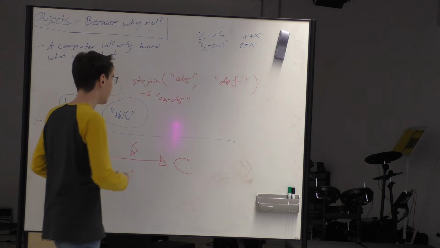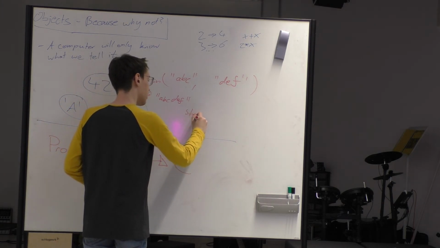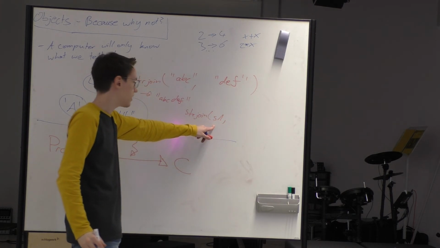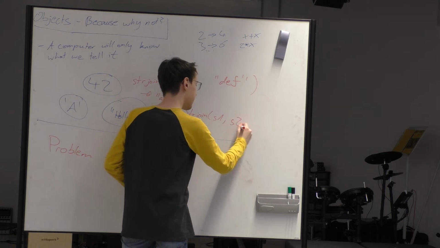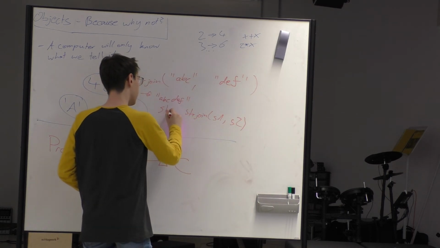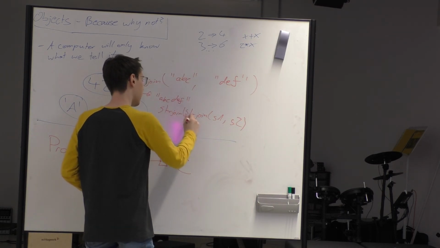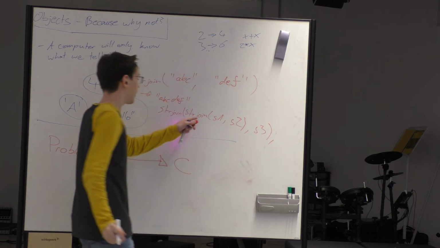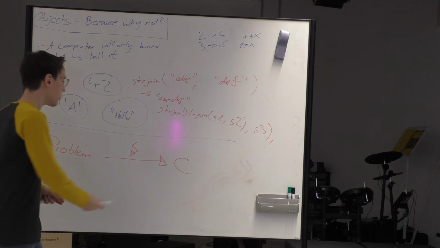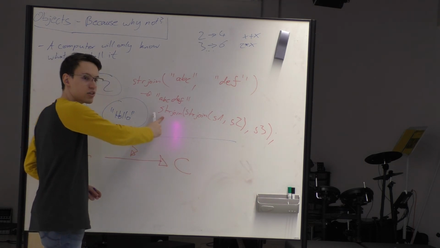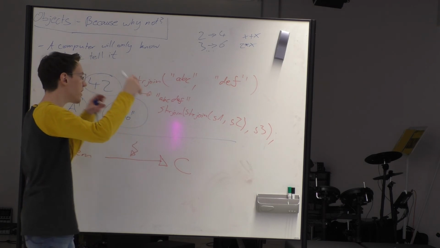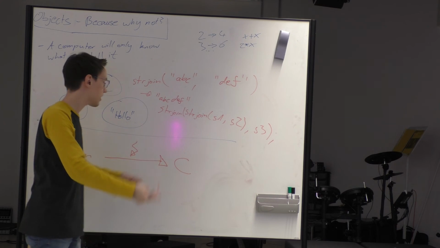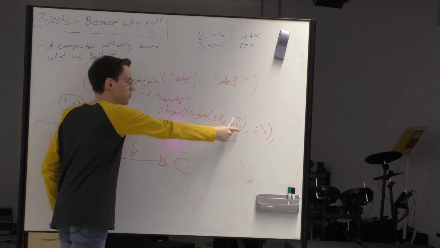What would you do? Well, str join of the first string, I'm just going to abbreviate here, I think you get the idea, and the second string, and then str join this one with the third string. But this is basically looking at what C has, which is this str join function, and then cramming the problem of joining 3 strings into what C provides us with, which is the str join function of 2 strings.